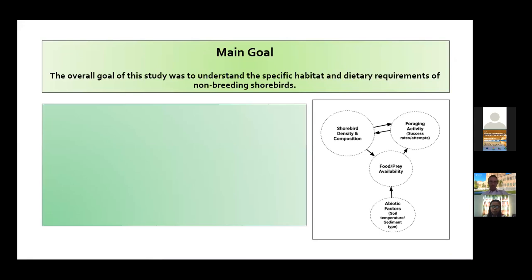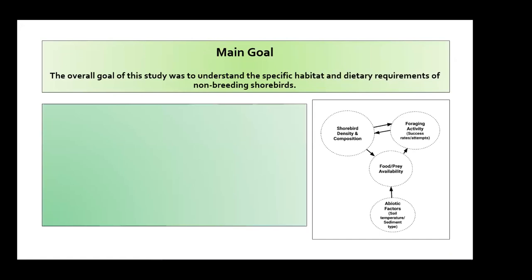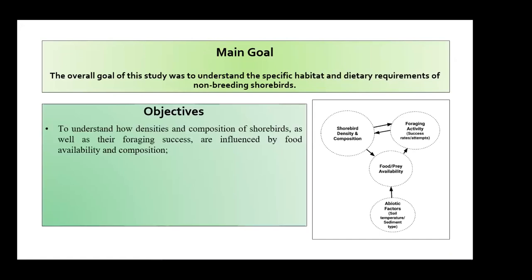The main goal of my study was to understand the specific habitat and data requirements of this non-breeding shorebird species by looking at how densities and composition of these species, as well as their foraging success, are influenced by food availability and composition. And also, we thought to investigate how food itself is correlated with the underlying abiotic factors.